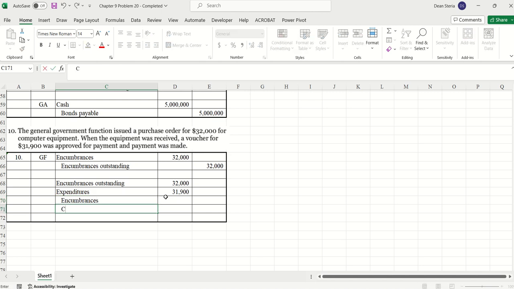And then cash. Okay, so the other amount for encumbrances is going to be the 32 because that's what the original purchase order was for, and we paid $31.9.